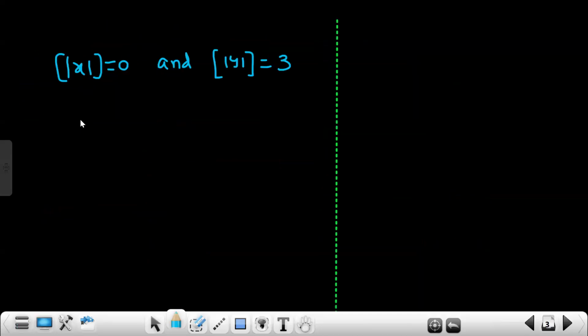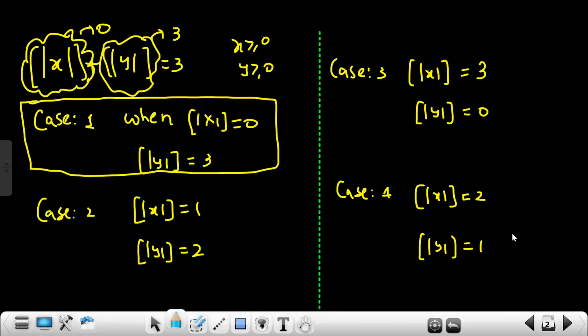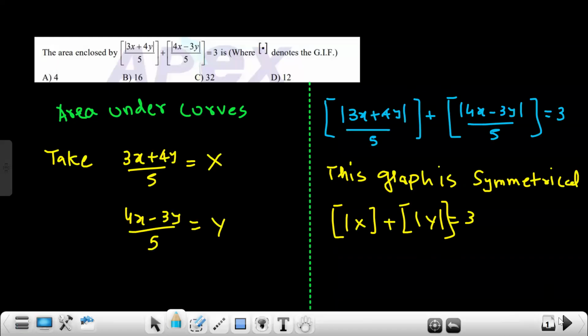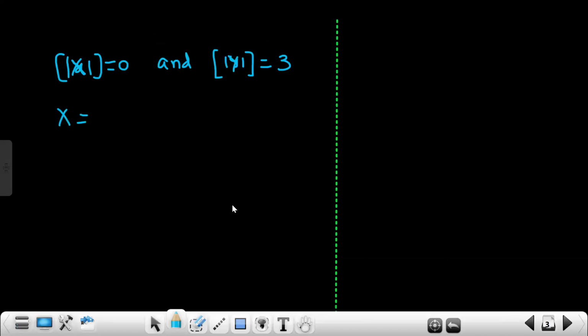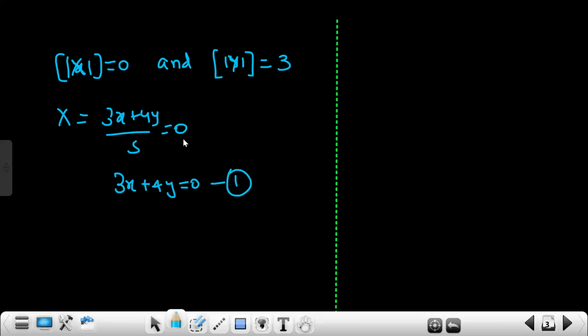So what we took as capital X, capital Y. What is capital X here? 3x plus 4y divided by 5. That has to be 0, that means 3x plus 4y is equal to 0.